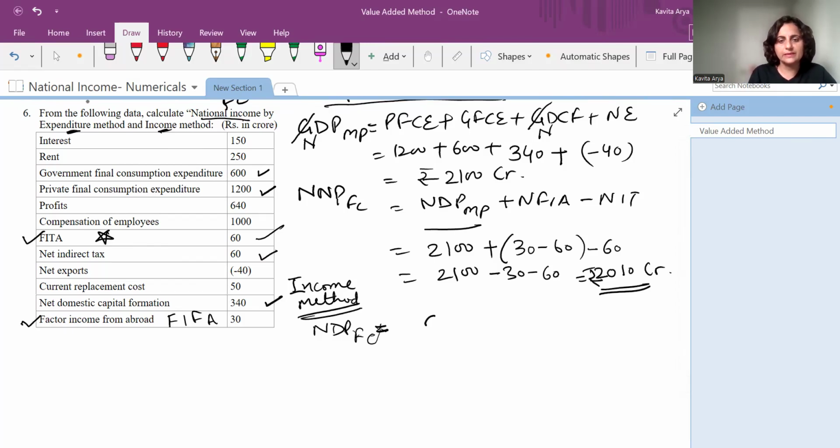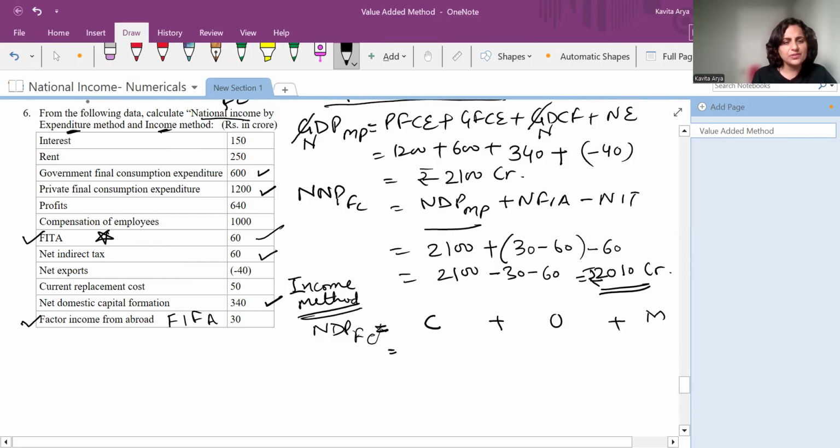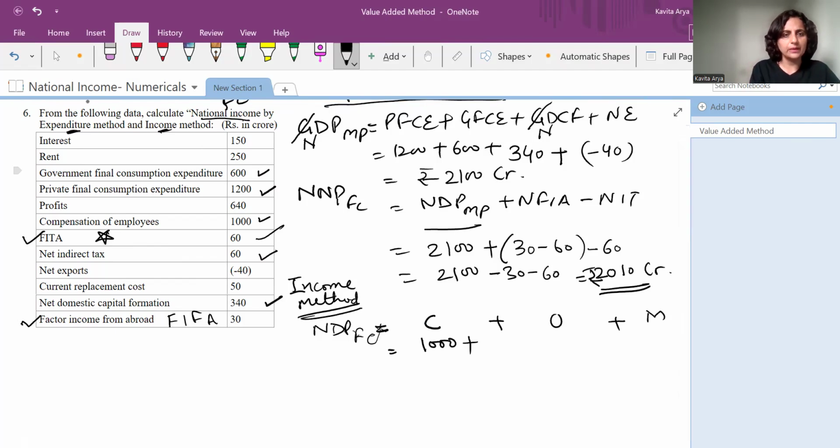NDP at FC is C plus O plus M. Compensation. Is the compensation given to us? Compensation of employees, it's clearly given, 1000. Plus operating surplus not given, so I have to club all the content: rent, interest, royalty, and profits.